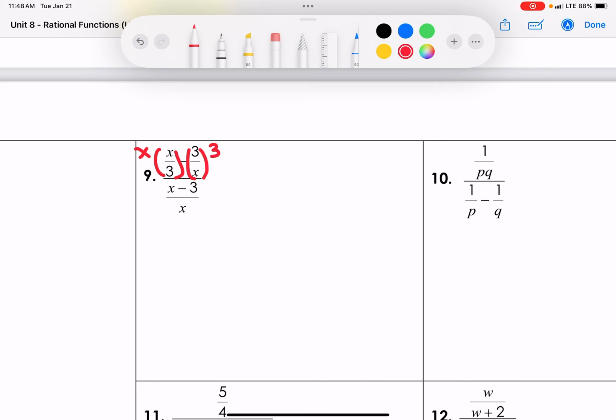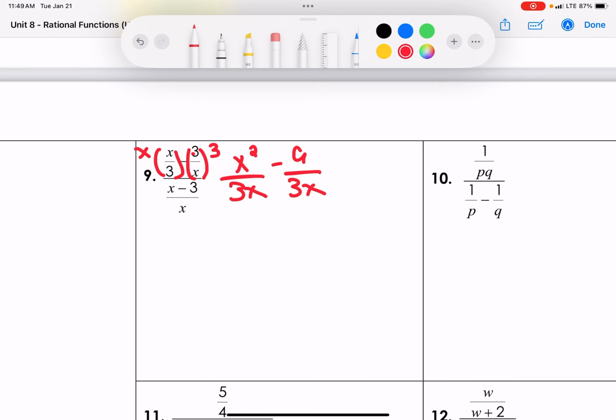Now when I do that, you're multiplying everything, right? So this becomes x times x over 3, so I'm going to have x squared over 3x minus 3 times 3, which is 9, over 3x.